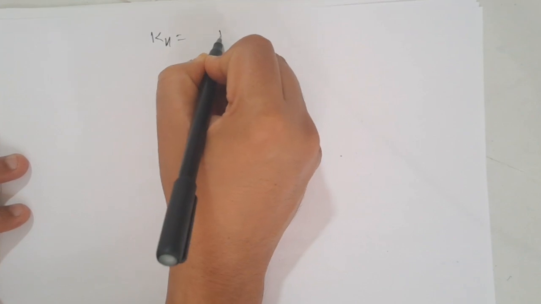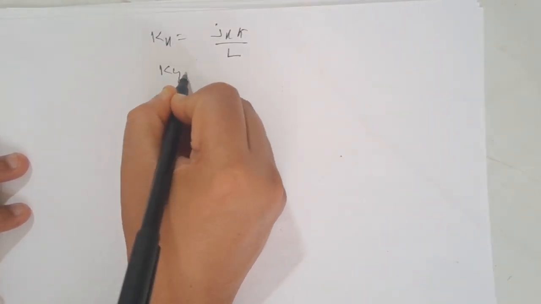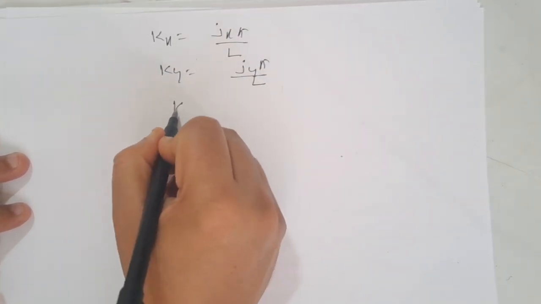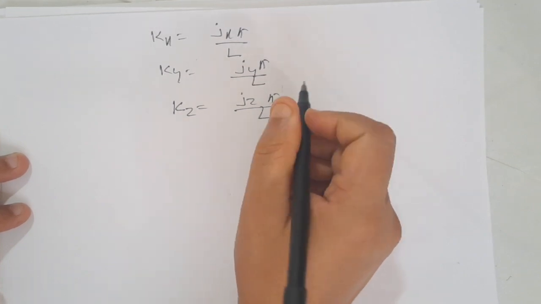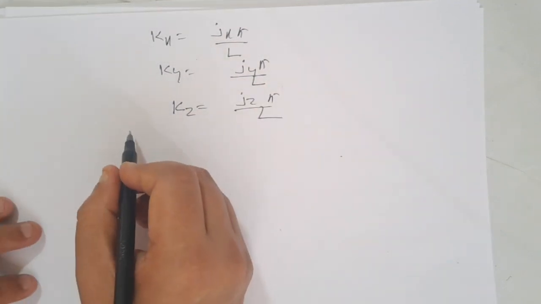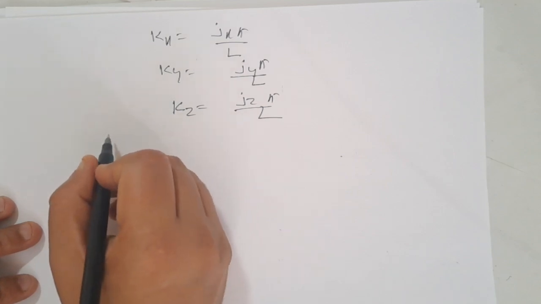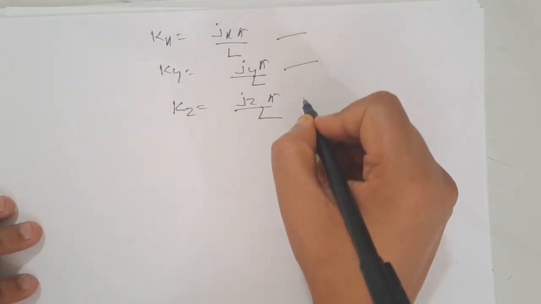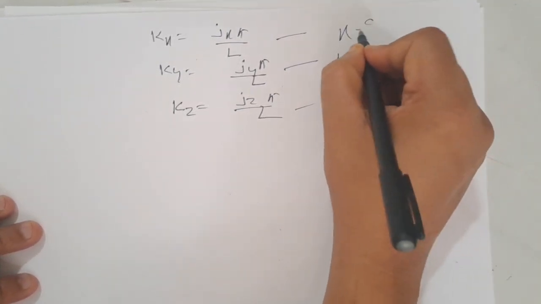kx is equal to jx pi divided by L, ky is equal to jy pi divided by L, and kz is equal to jz pi divided by L. We can write the number of modes for the 3 dimensions, x component, y component, z component.